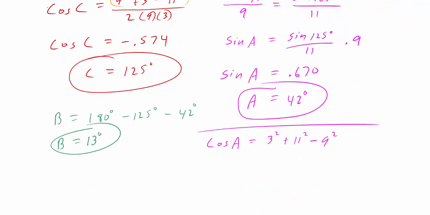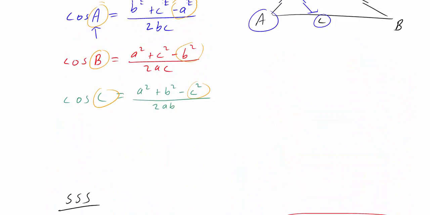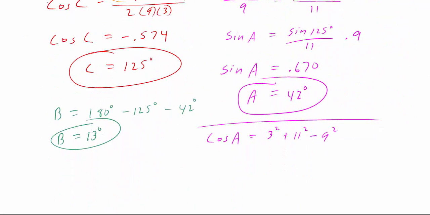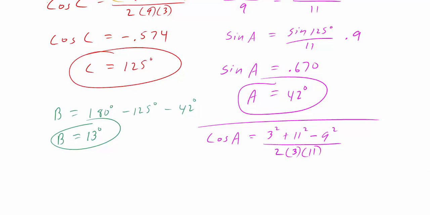Again, that's just going back up here and using this formula because we're looking for A: B squared plus C squared minus A squared, all divided by 2BC. So we divide all of this by 2 times 3 times 11.